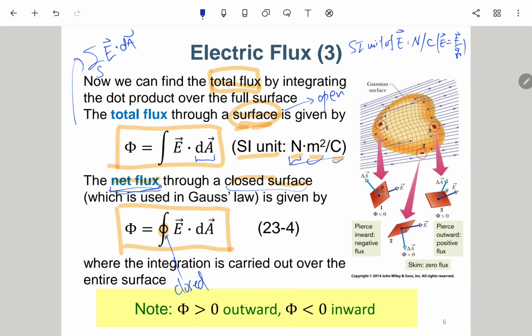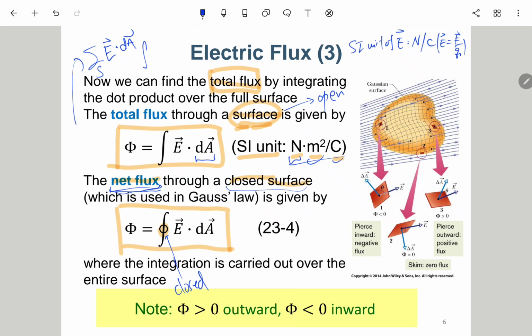But keep in mind that it can be one-dimensional, two-dimensional, even three-dimensional in the textbook. It still uses a single integral sign.